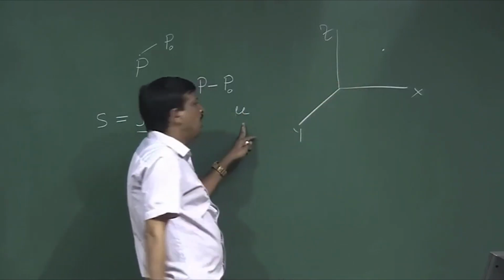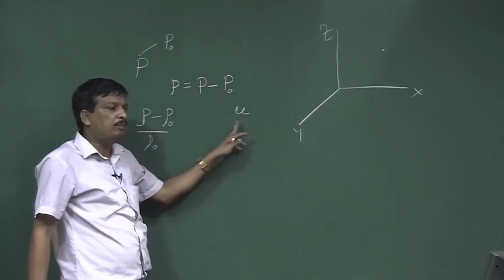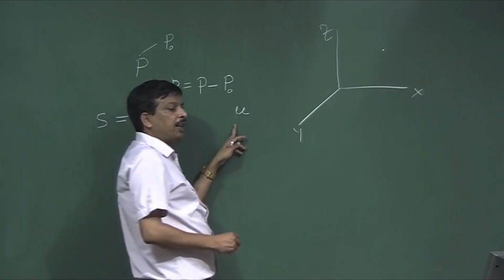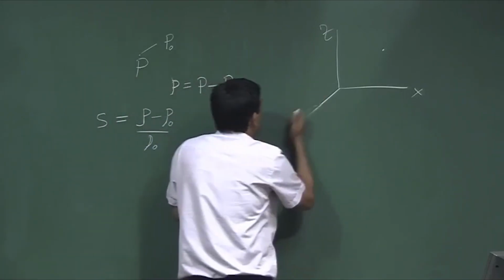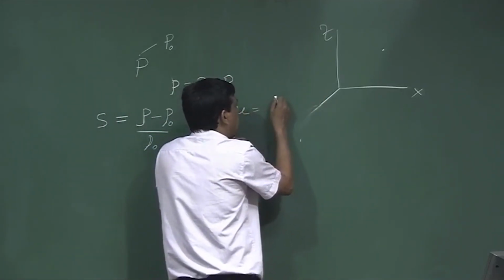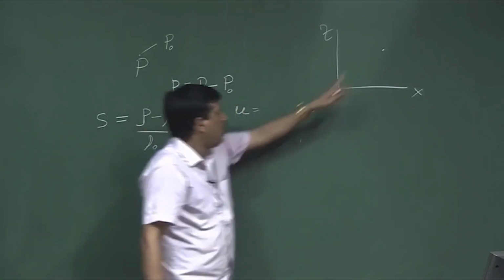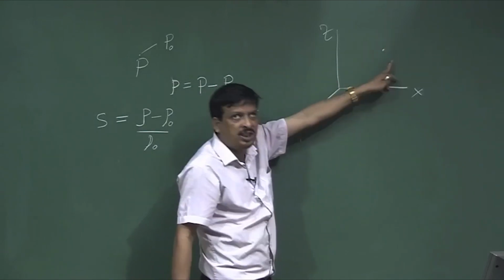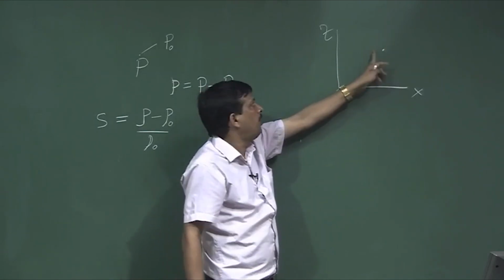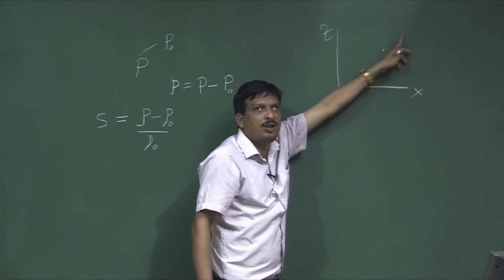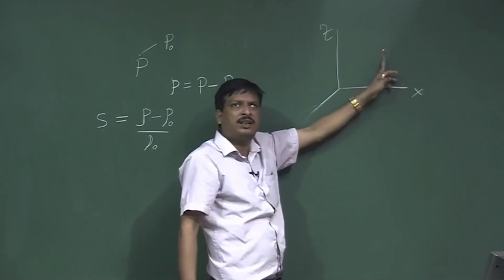So, u has components. The particle velocity u is nothing but the displacement of that particle with respect to time. The particle can move to any position, and if the particle is displaced, then the velocity is the displacement divided by the time.